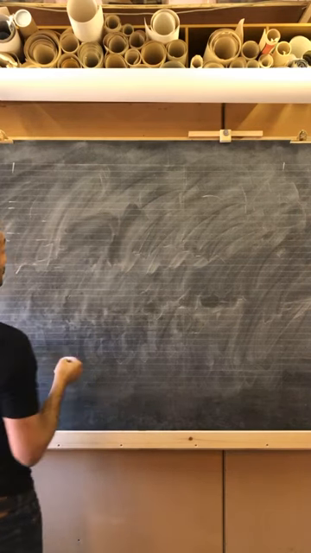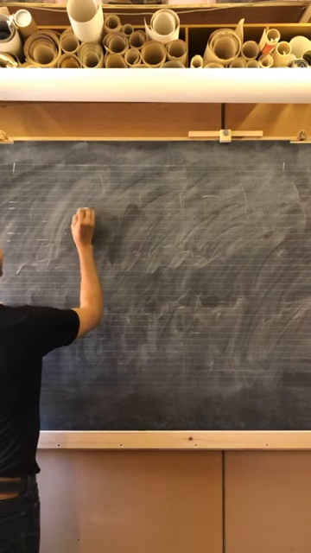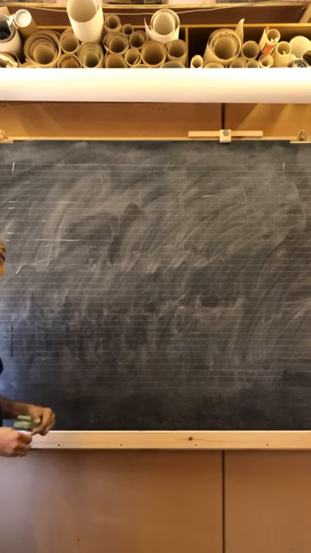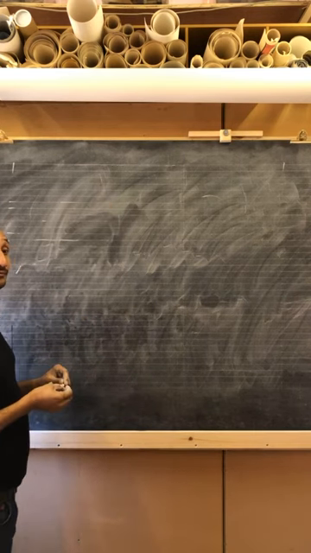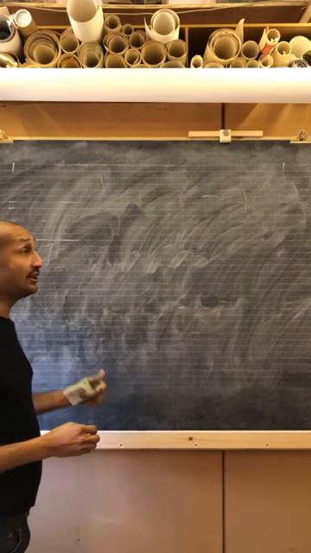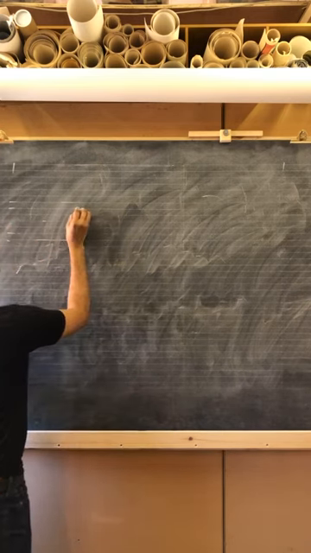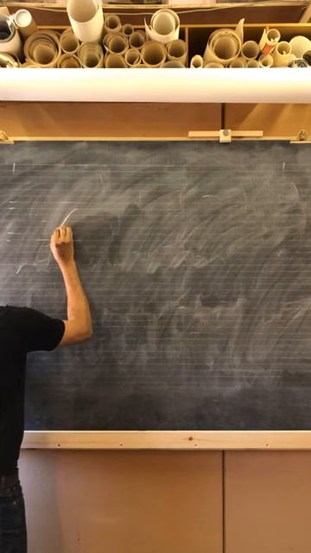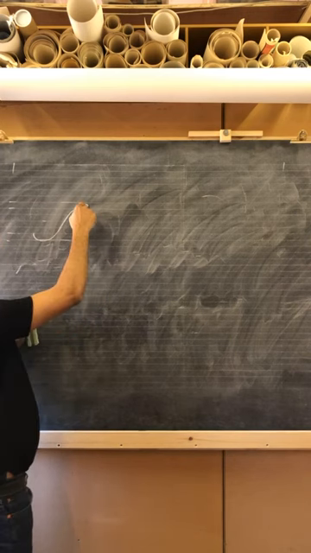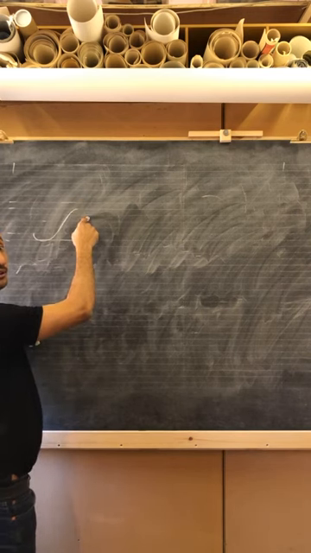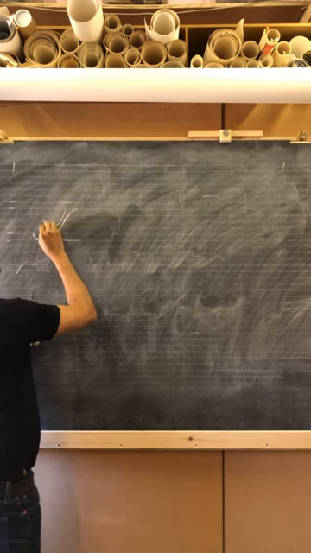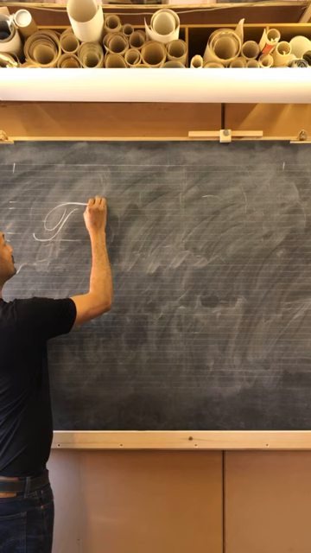Ooh, let's do the F first. So F, this is your baseline, that is your cap height. Like the T, you have to consider that there is a crossbar at the top of the F. So the F has to be lower, one-sixth lower than the cap height, and down and out.